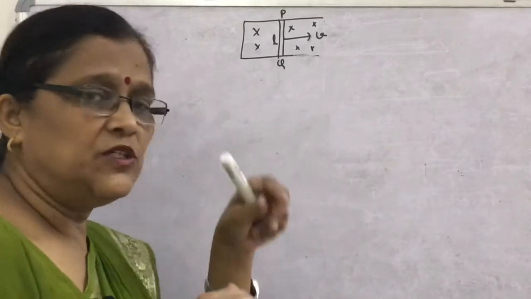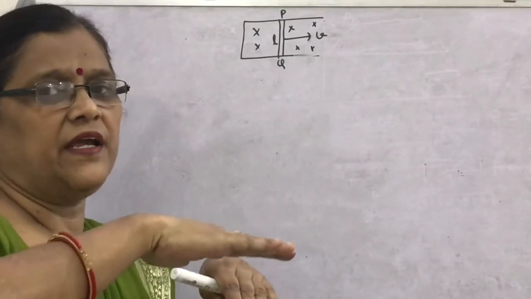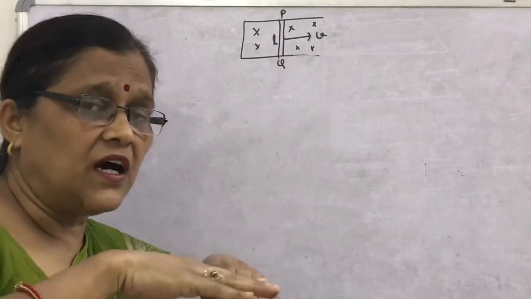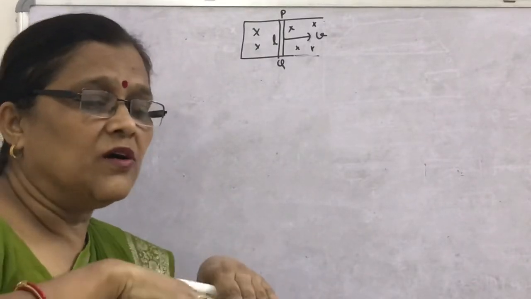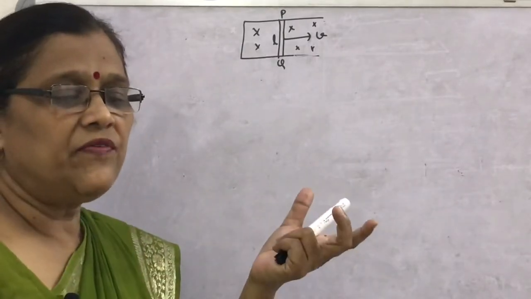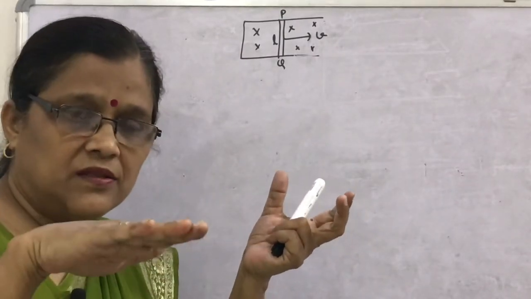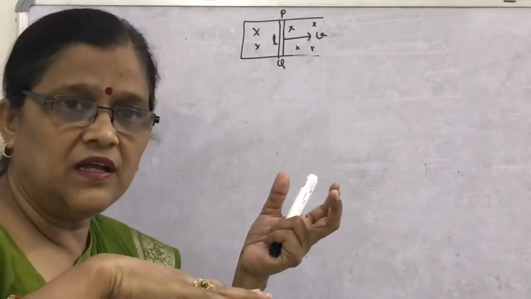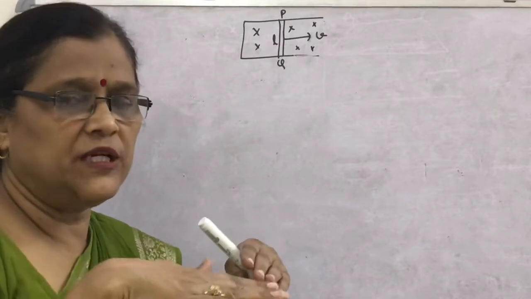Similarly, you can assume that if an aeroplane is flying at a certain height and its wings are along the north-south direction or east-west direction, then the wings of the aeroplane also cut the magnetic field and EMF will be produced across them.